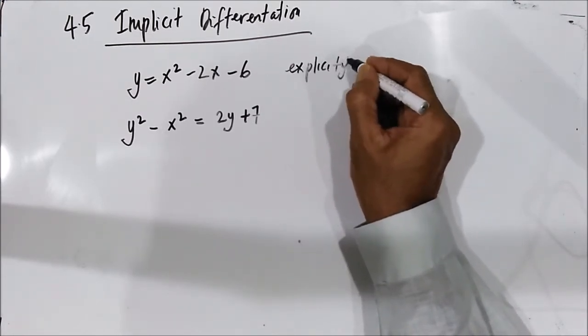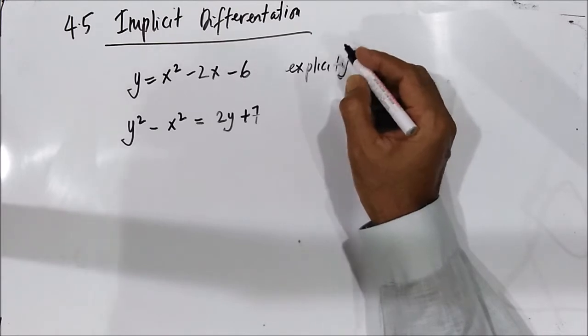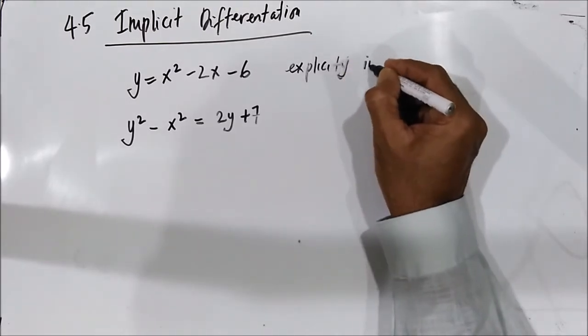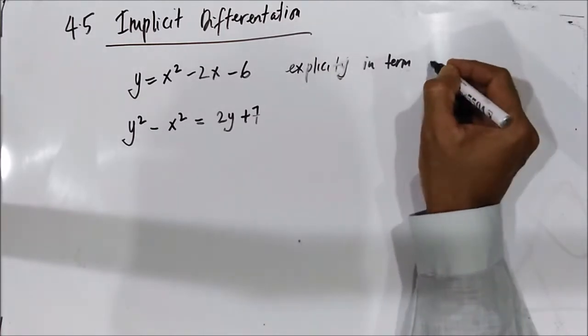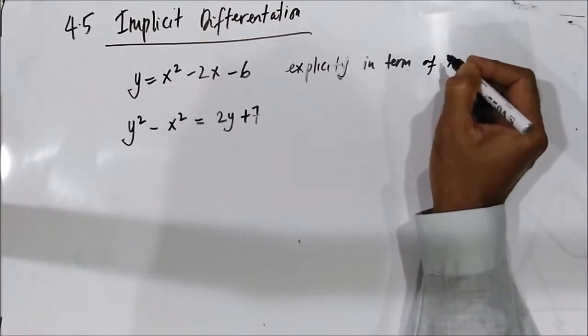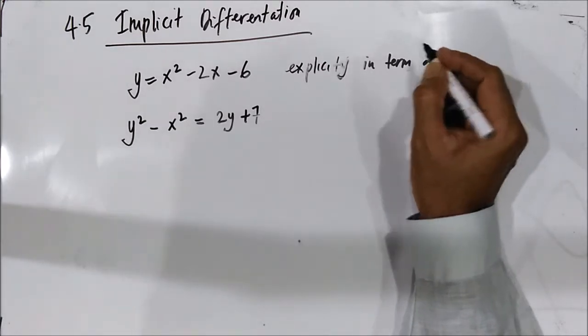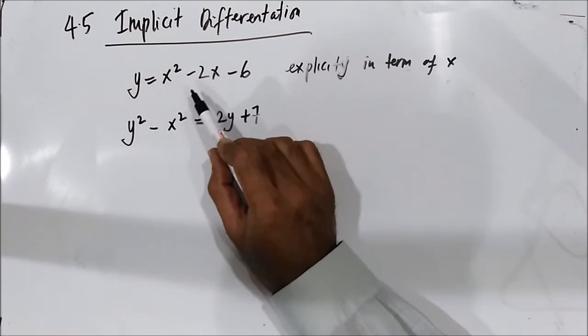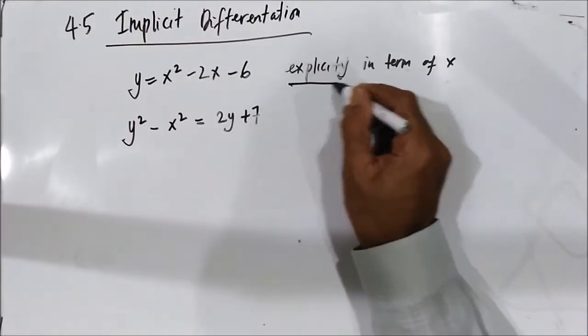In other words, this is explicit in terms of x. So y is explicit in terms of x, and this is y explicit in terms of x.